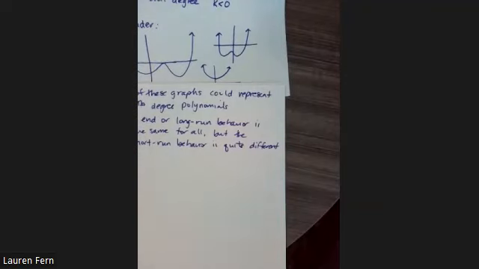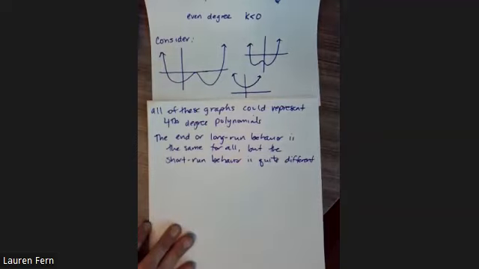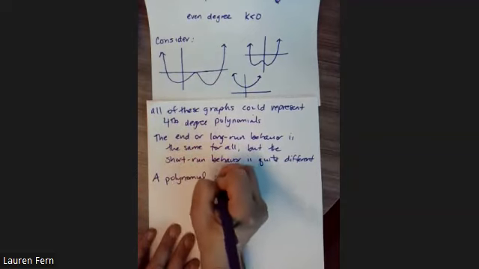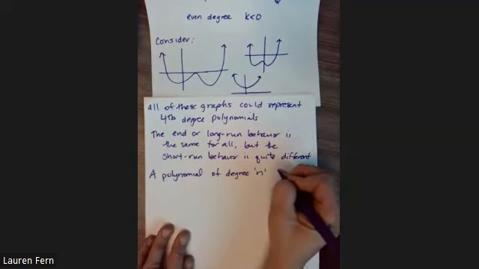Now, what I'm going to tell you are a couple rules of thumb that will also be very helpful when we discuss, for example, the long run behavior. So a polynomial of degree n, in other words, that's our largest exponent, has at most n horizontal or x-intercepts.